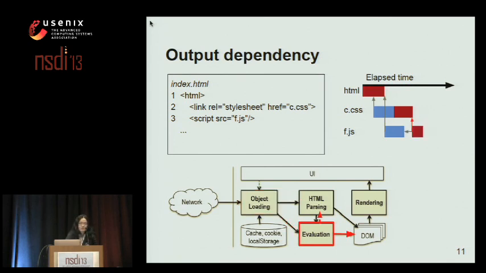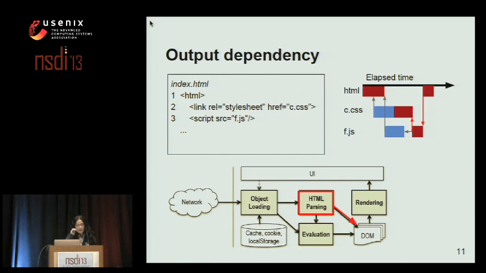So note that the script is not evaluated immediately after it is loaded, but rather it is evaluated after the CSS is evaluated. The reason is that both CSS evaluation and JavaScript evaluation can modify the styles of the DOM, so they cannot happen at the same time. And after the JavaScript is evaluated, HTML parsing is resumed.